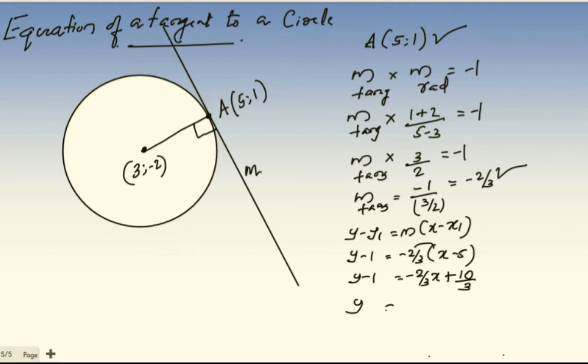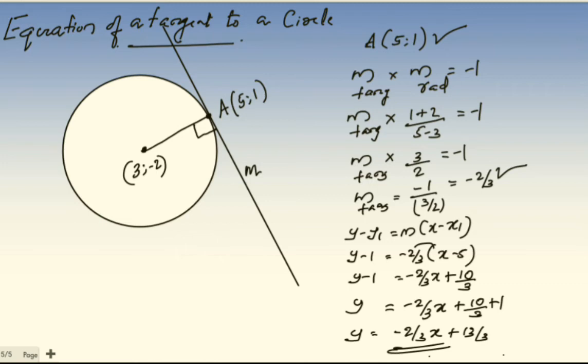Therefore, y is equal to, send the minus 1 to the other side, that is minus 2 over 3 x plus 10 over 3 plus 1. So the final answer is y is equal to minus 2 over 3 x plus this one. When you do it in the calculator, it will give you 13 over 3. Is it clear? This is the equation of the tangent.